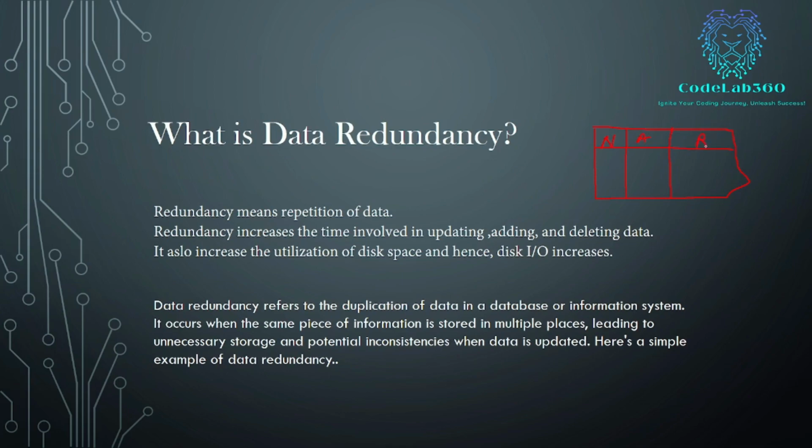So there is a student S and the address is the same, T, and the roll number is 1.